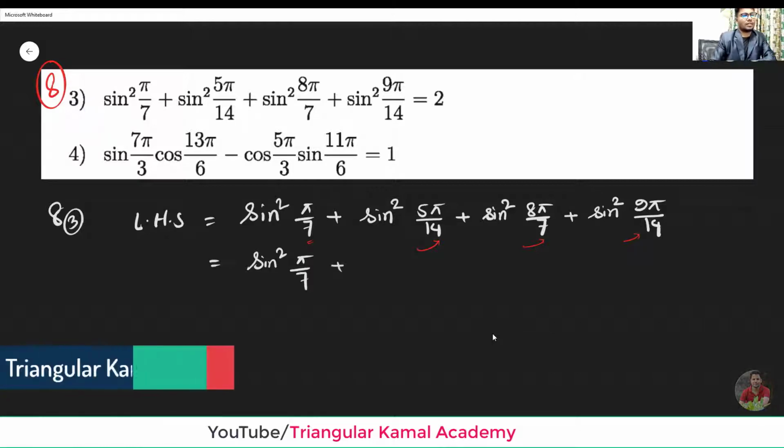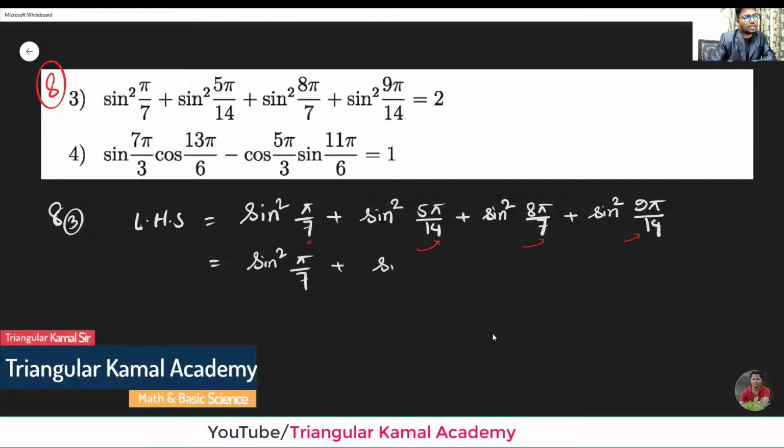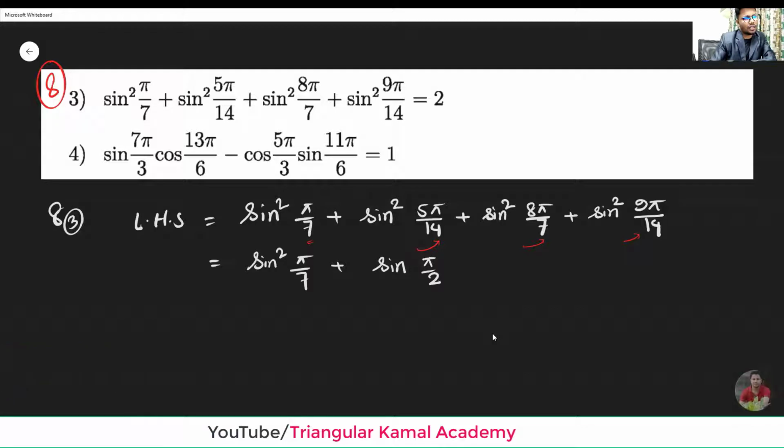And here if we write, suppose sine, first step pi by 2 and then give minus, because minus we can easily write as plus. Now 7 and 2, their LCM will be 14. Here we will get 7 times pi, then minus 2 times pi. That will be pi by 2 minus pi by 7.